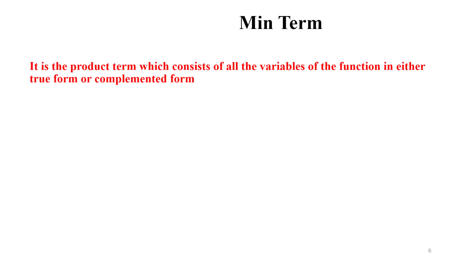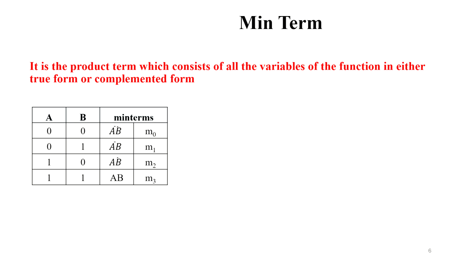Now you will write like this. If you want to write minterms, you need to remember this. Let us change to another color. Let us say this 0 is A corresponding to this 0, so that is A bar here, and this is B bar here because B is 0.